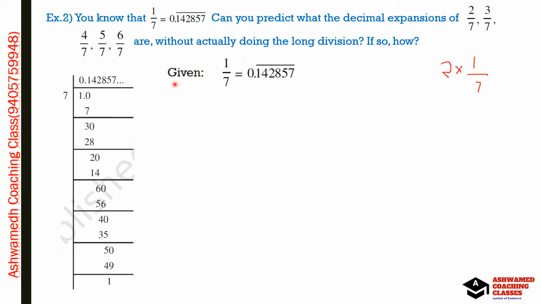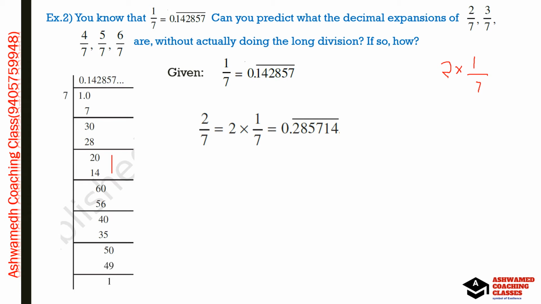Now let us see the expansion of this 1 by 7. It is the division that we performed in the previous lecture. Now see, 2 by 7 is nothing but 2 into 1 by 7. Here 2 is divided by 7. We directly come to this block, because we get 2 here.